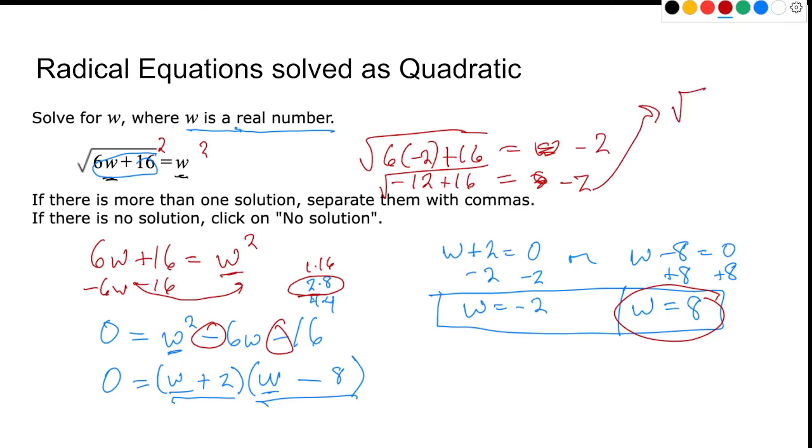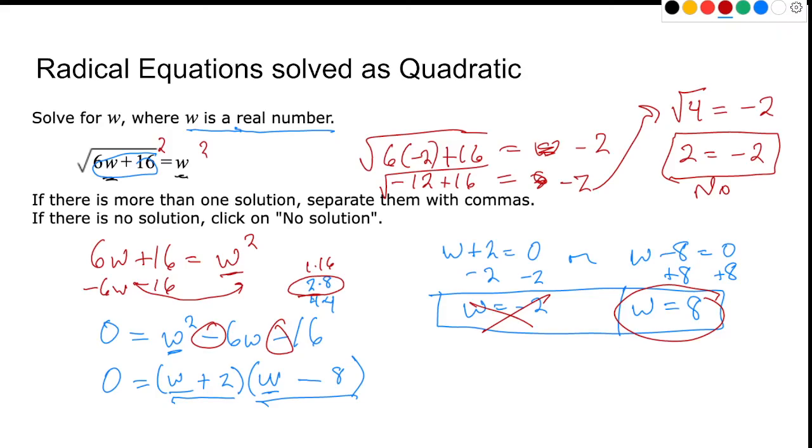So I get the square root of 4 equal to negative 2. Well, that's not going to be true, right? I get 2 equals negative 2. I was thinking that I'd end up with a negative in the square root and say, oh, there's no real number. But either way, is this true? No. So we can't use this as a solution. It doesn't work.